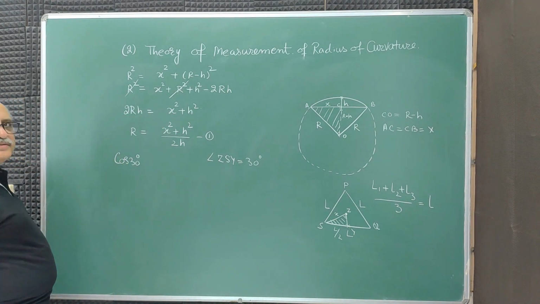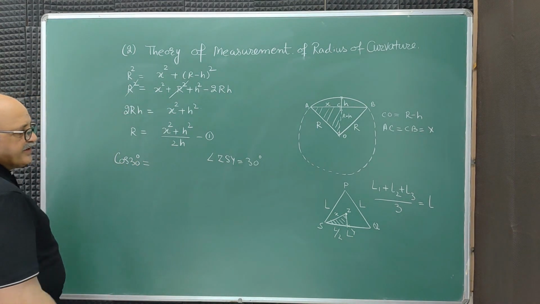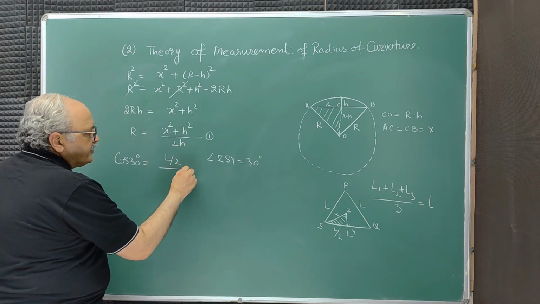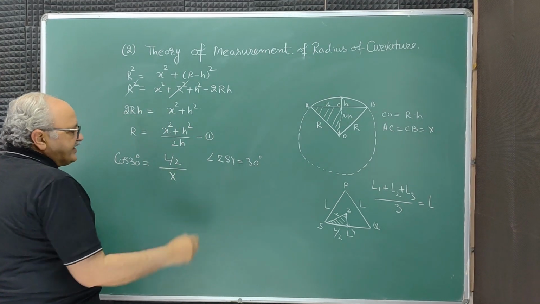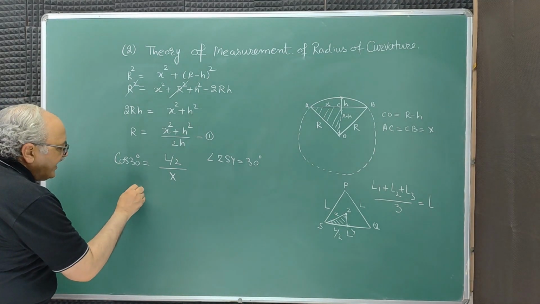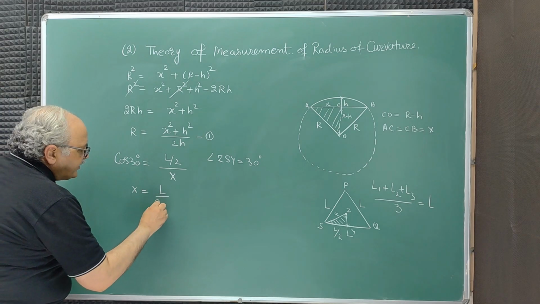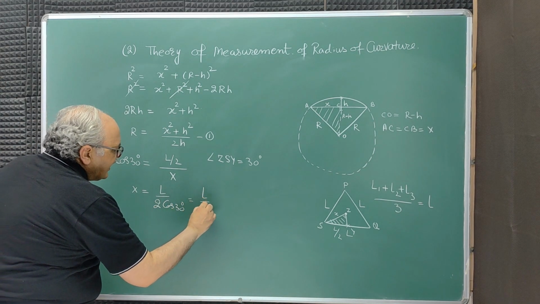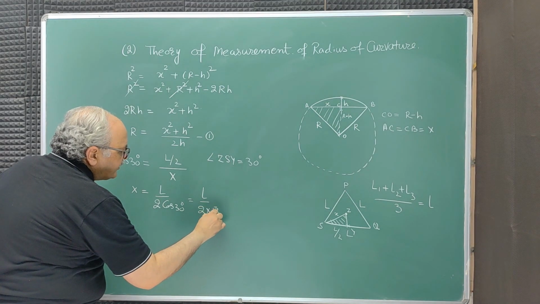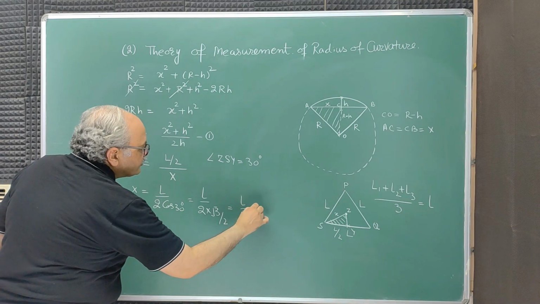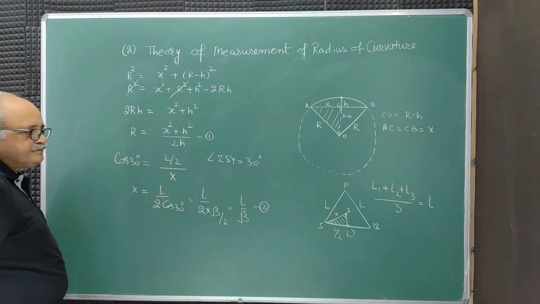So using this trigonometric relation, cos 30 degrees is equal to the base L by 2 divided by the hypotenuse, that is equal to x. Or you can write x as L by 2 cos of 30 degrees. So that is L by 2 root 3 by 2, and that gives me L by root 3. So this is my equation number 2.